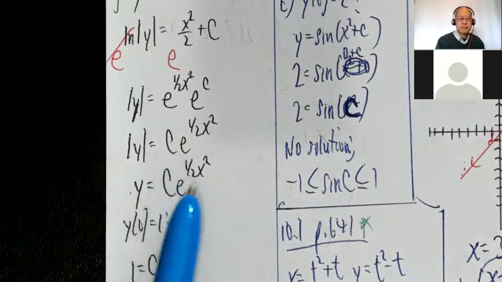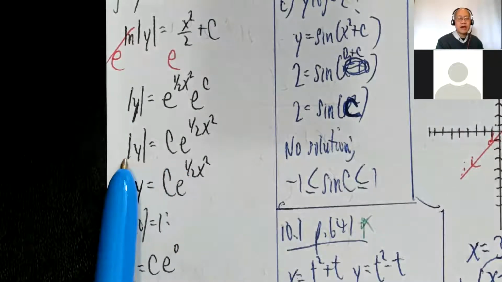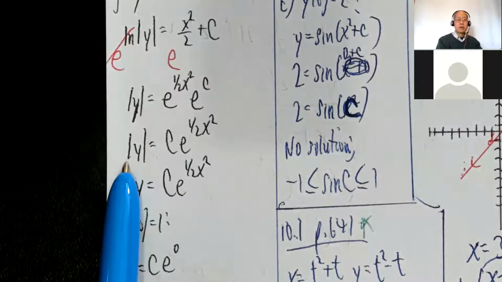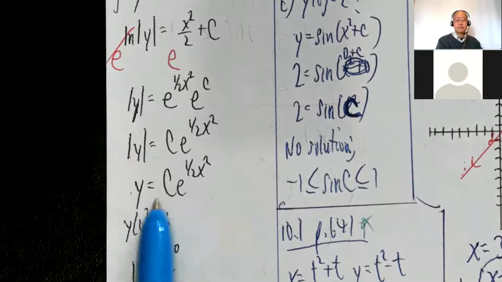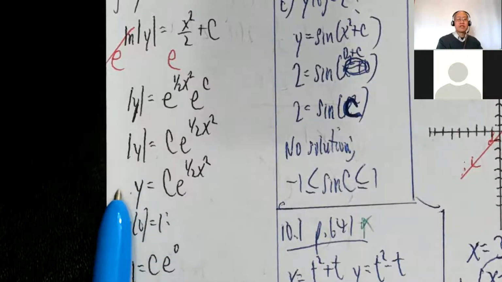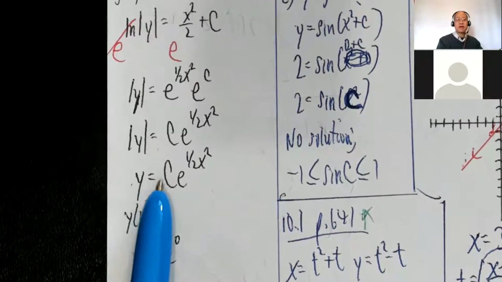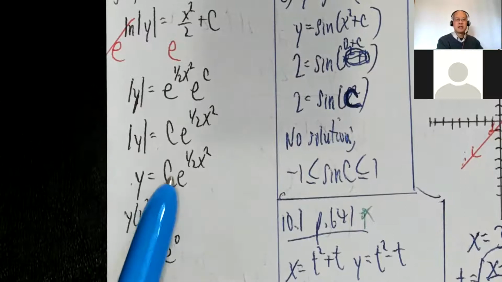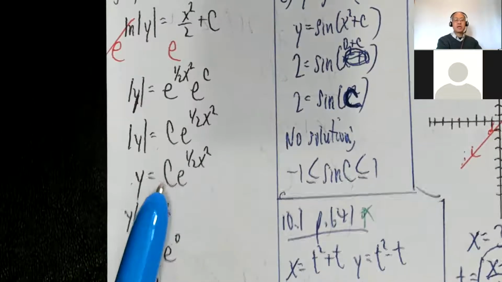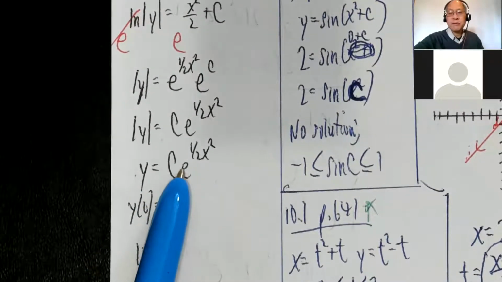The absolute value of y, by definition, is either y or negative y. If it's y, there it is. If it's negative y, multiply both sides by negative 1, and you have a negative c. What's negative c? Still just c. So y equals c e to the half x squared.